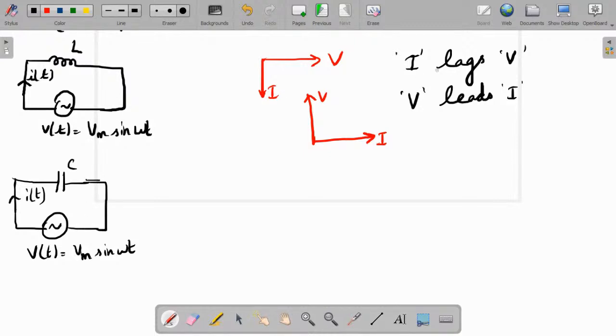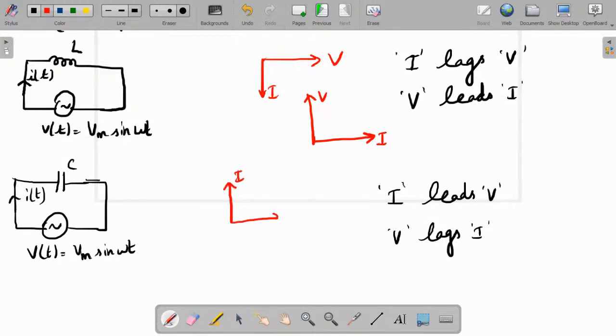Okay, so here current leads voltage, current leads voltage or voltage lags current. So current leads voltage means current is leading and voltage is lagging.